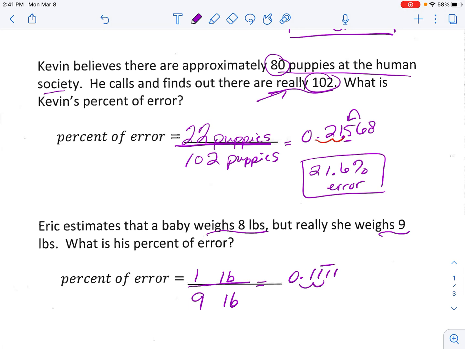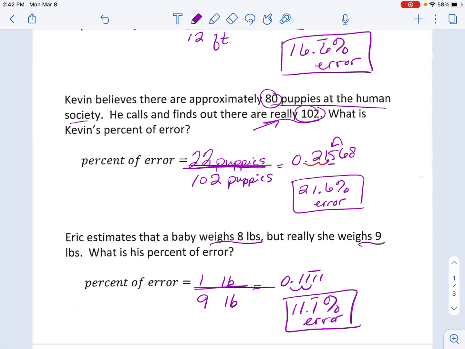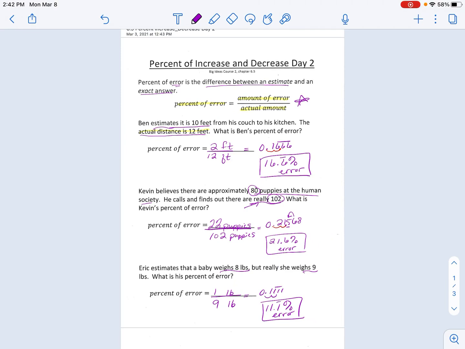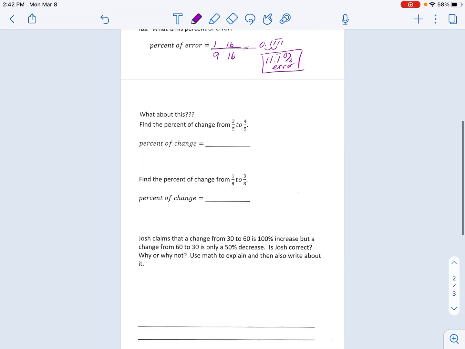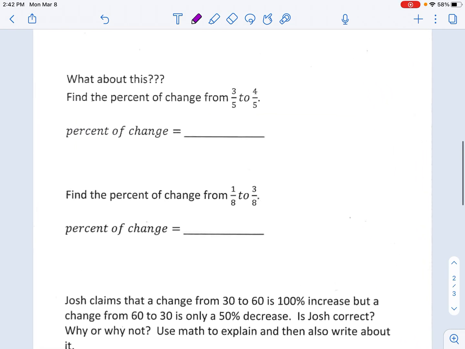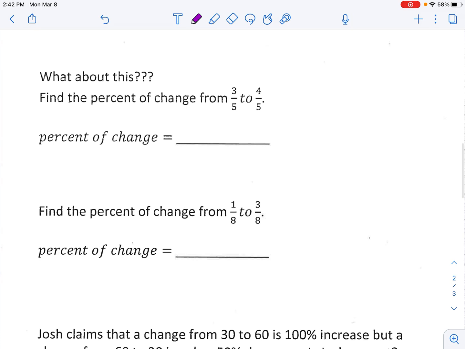Move that decimal twice. 11.1, repeating, percent was the error. Okay, hopefully we're getting the hang of those. The amount of error over the actual. Okay, now what if we have some fractions?